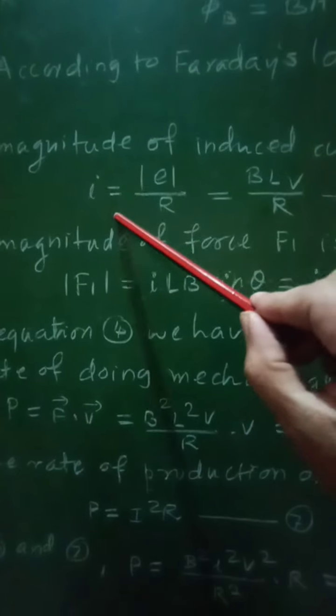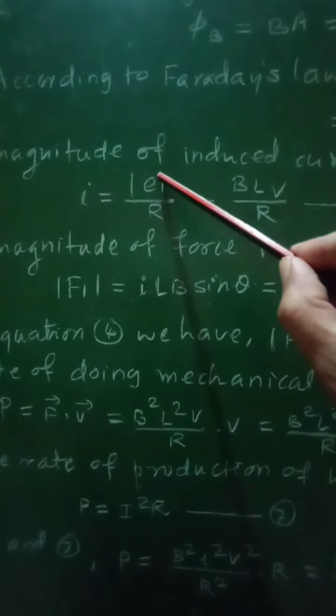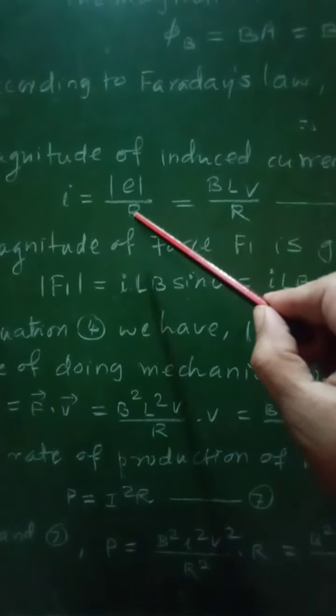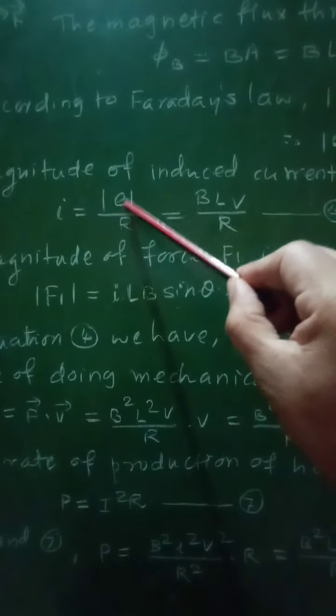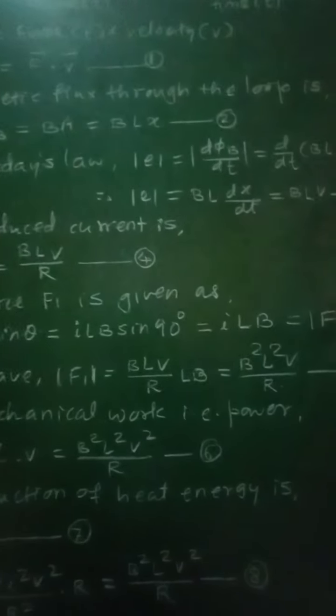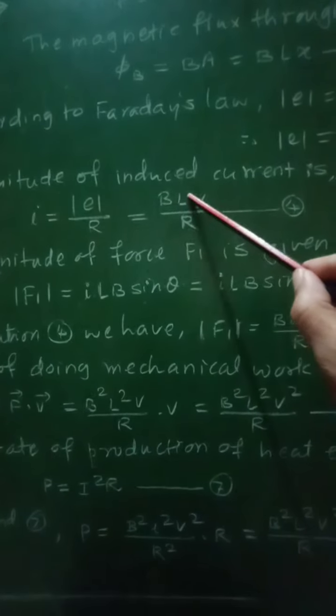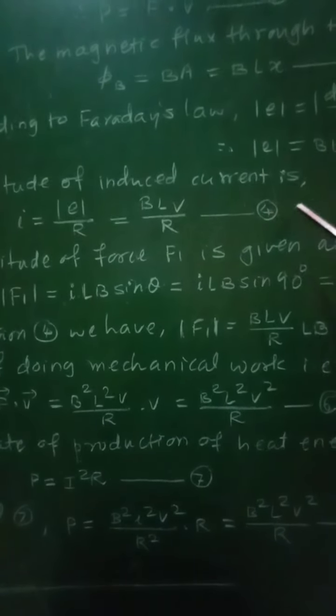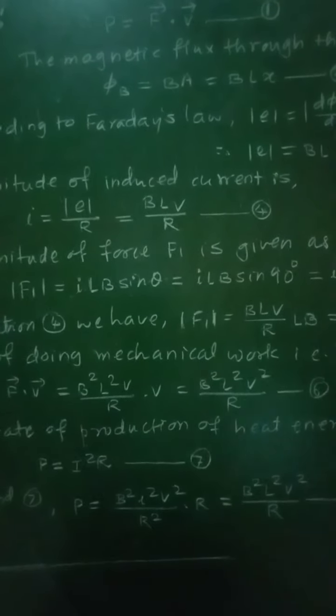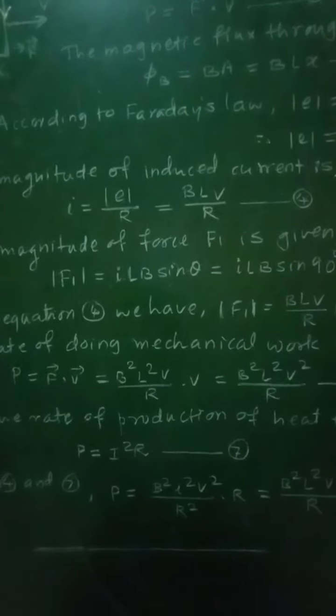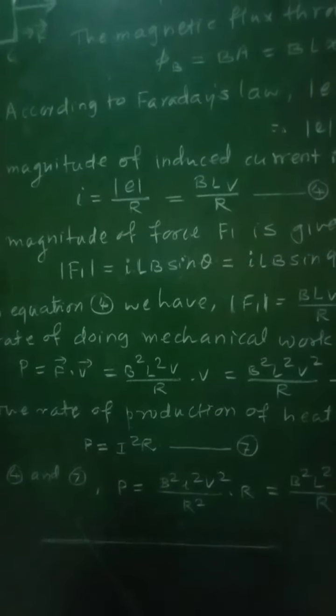So we can write the magnitude of the induced current I equal to the magnitude of EMF E upon resistance R. But the magnitude of induced EMF is BLv, and therefore we can write BLv upon R as equation number 4. This equation gives us the magnitude of the induced current.